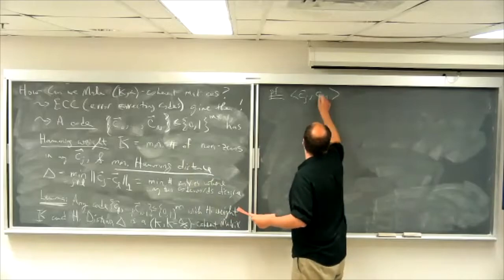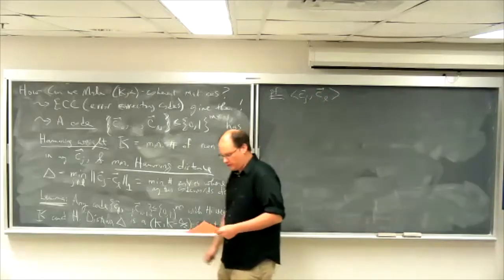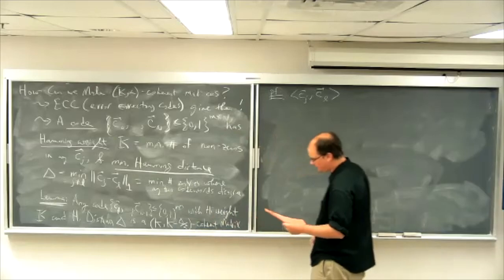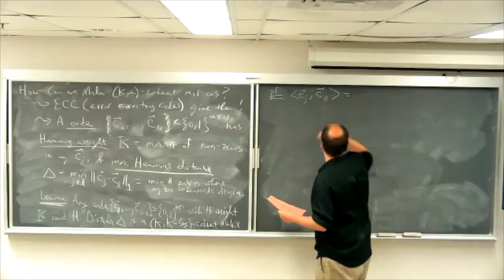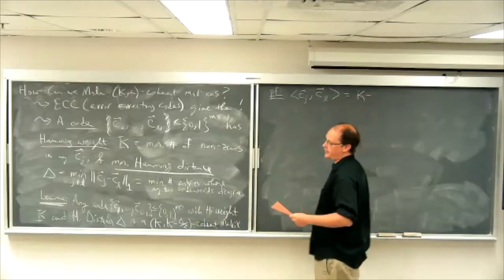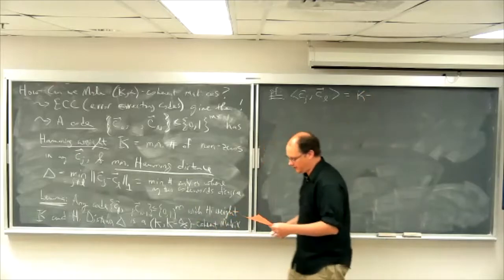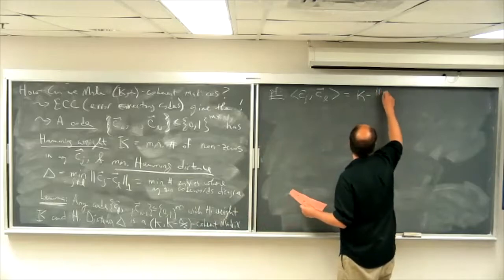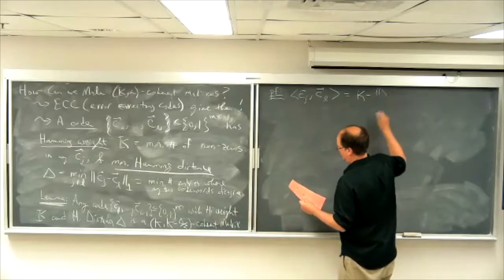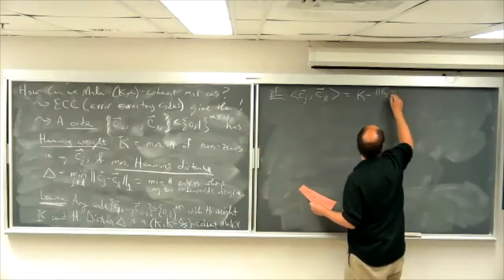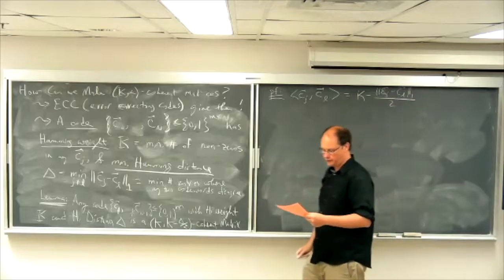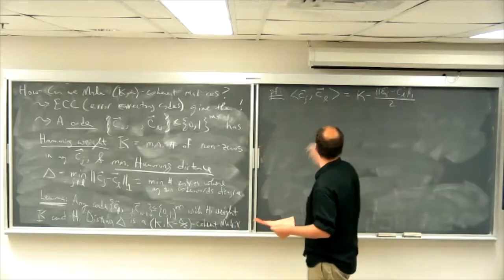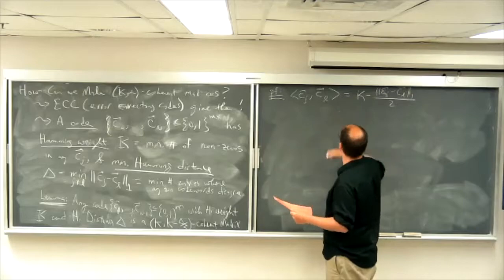So let's look at the inner product of any 2 of these code words. I claim that the inner product of any 2 of these guys that aren't the same is going to be equal to k minus the distance of these 2 code words, divided by 2. And let's see why this is true.